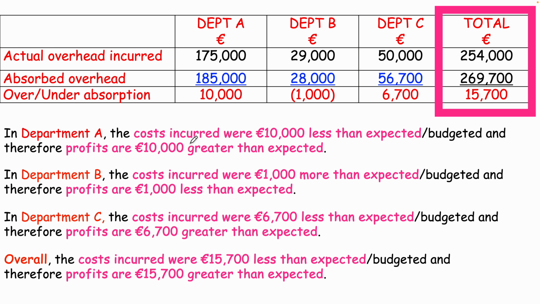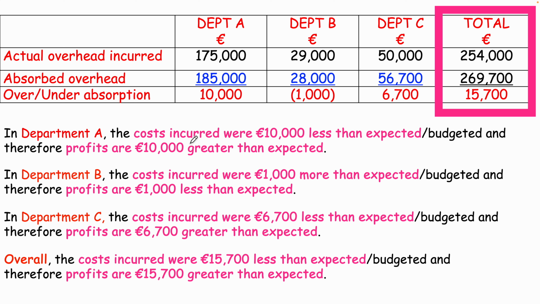And then in total, overall, the costs incurred were 15,700 less than what the management accountant would have expected or budgeted, and therefore profits are 15,700 greater than expected. So that is really, really good news.